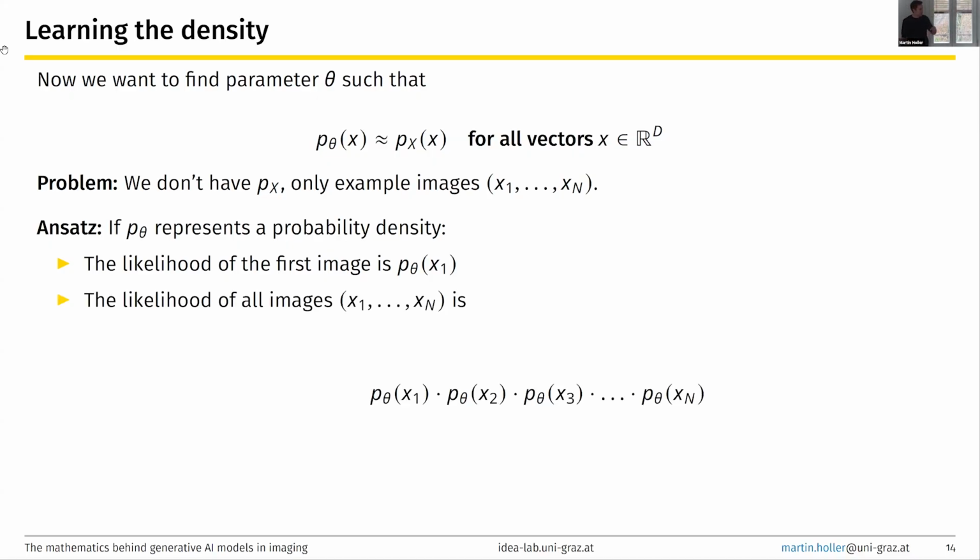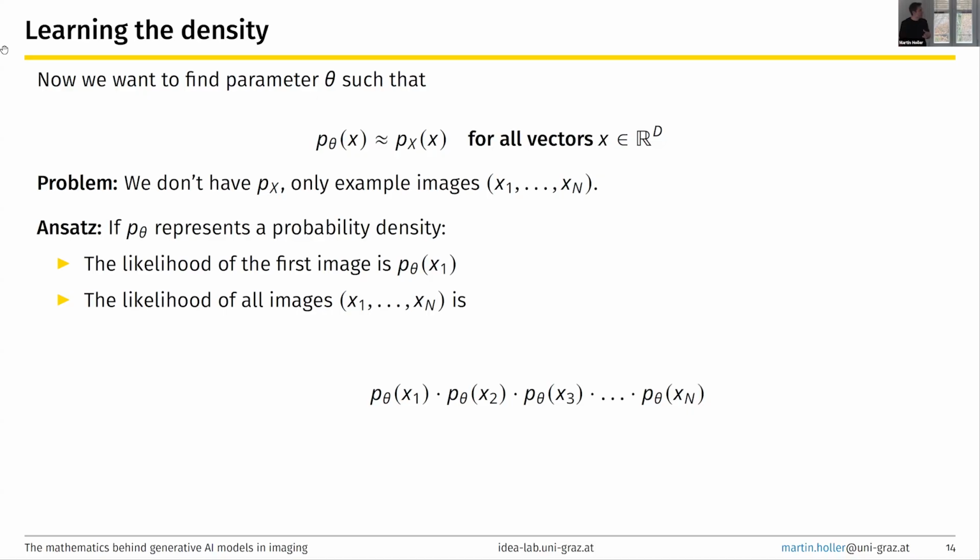And likewise, if I plug in all the images, and I assume they are independent samples, then the likelihood of all these images that I observe is just a product, P theta of x1 times P theta of x2, and so on. Okay, so I can compute the probability of my set of images under my parameterized density.